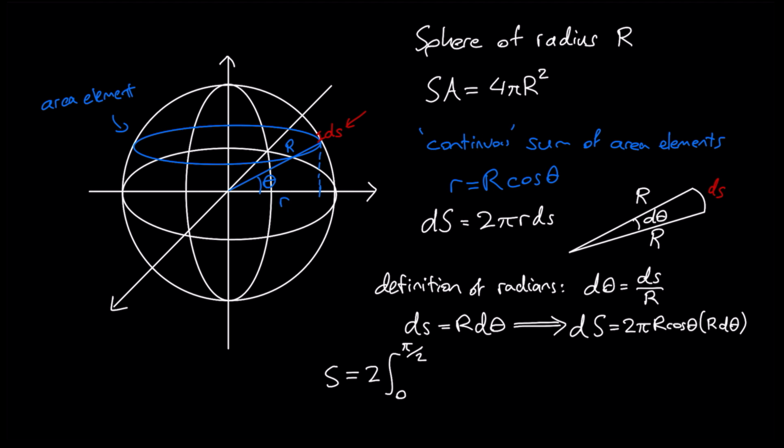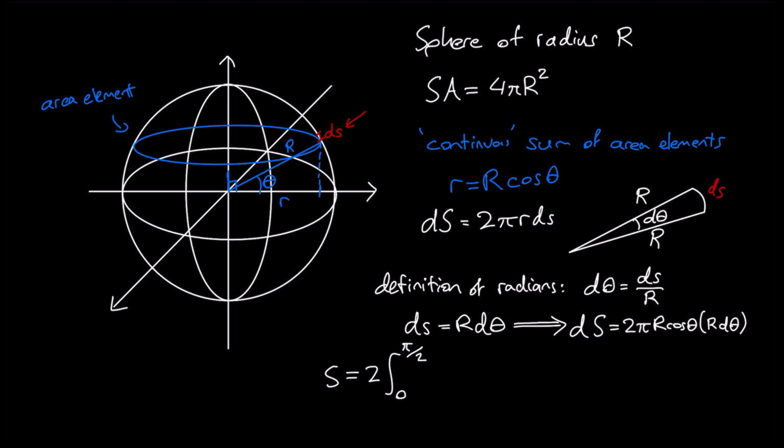Basically because considering this angle I'm using for the different heights of rubber band I'm wrapping around, I'm adding up all these rubber bands. If I let theta range from 0 to pi on 2, a right angle, I will only cover half the sphere. So the surface area of the whole sphere is 2 times this integral.